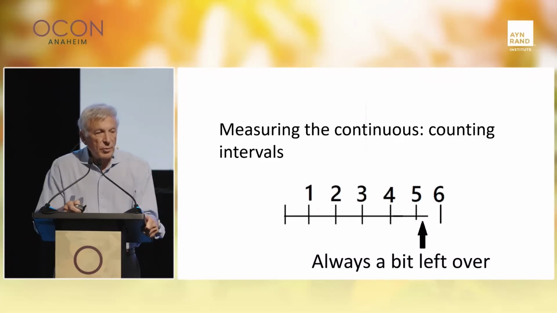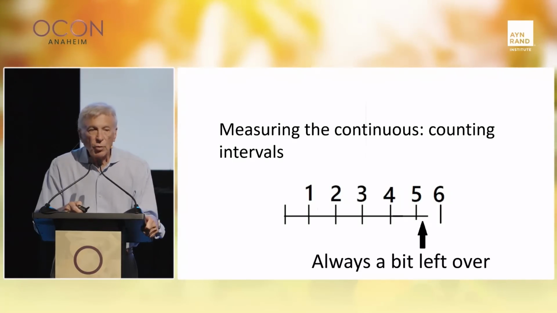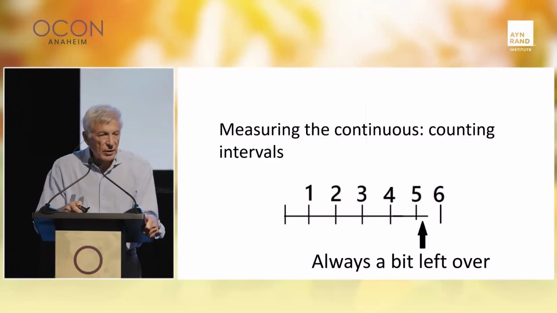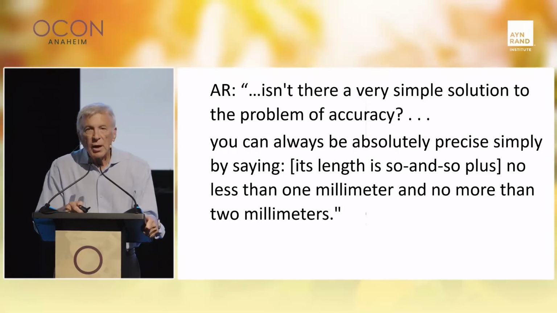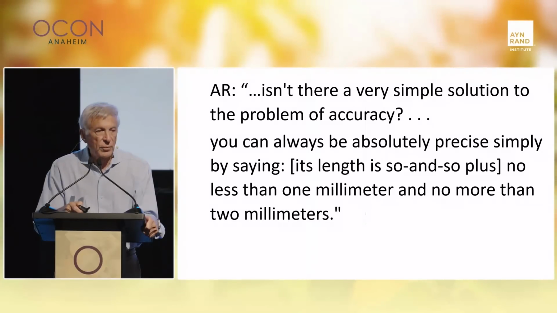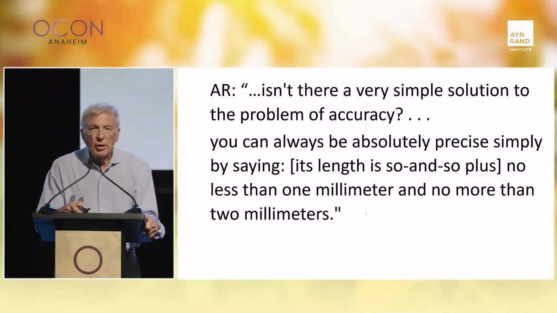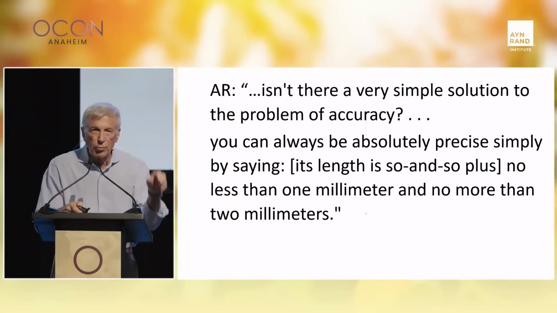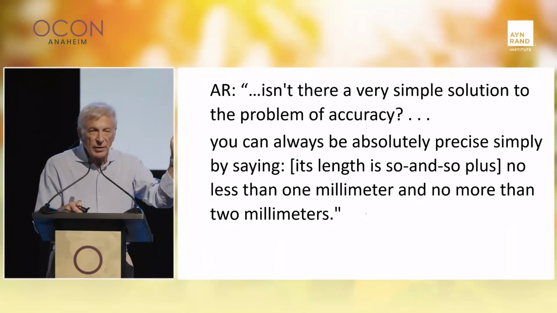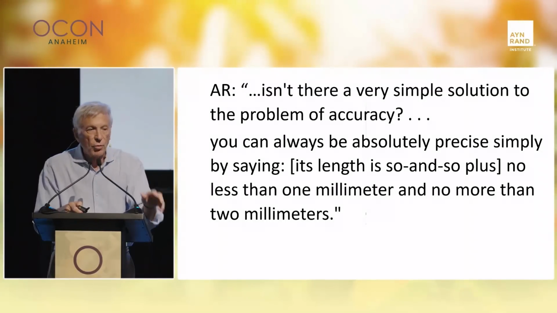Now, here's the problem that comes up. There's something left over, and there's almost always something a little bit left over. Ayn Rand answered that so-called problem in the workshops. After John Nelson of the University of Colorado was arguing that you can't be perfectly exact because there's always some left over, if you take a smaller unit, you extend your decimals, there's still a little left over.